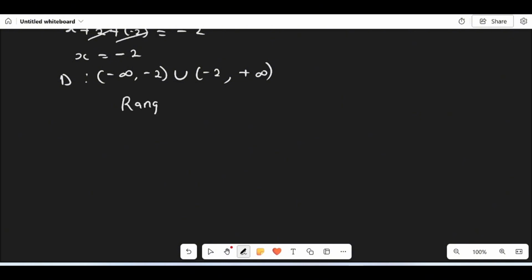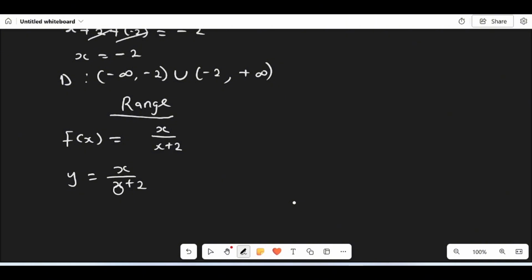Range. f(x) equal to x over x plus 2. Replace f(x) with y. y equal to x over x plus 2.